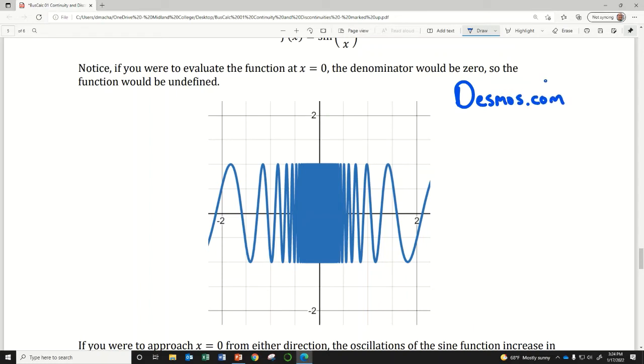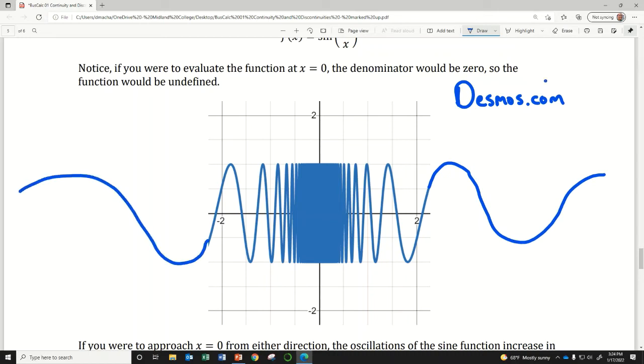They have a graphing calculator that's very easy to use and probably very helpful if you're doing your homework. But what's happening here is that as you go farther away from the origin, the waves of my sine function are getting longer and longer, a little bit more flat, if you will. And that happens on either side.